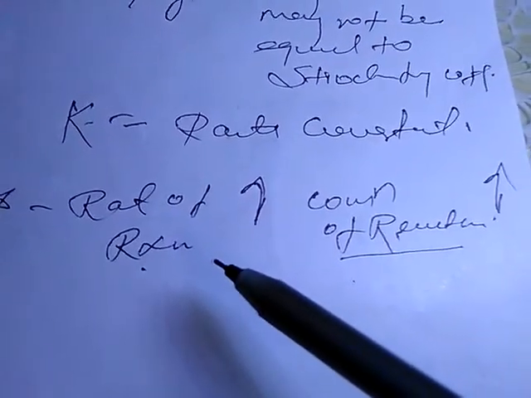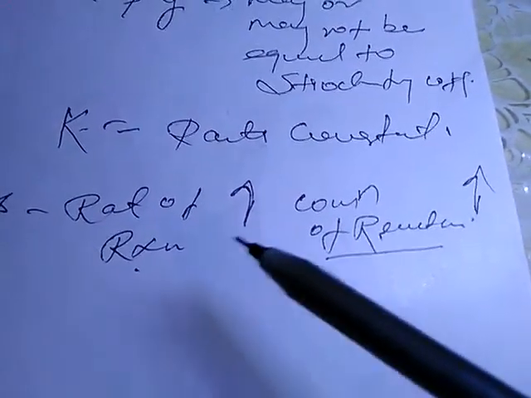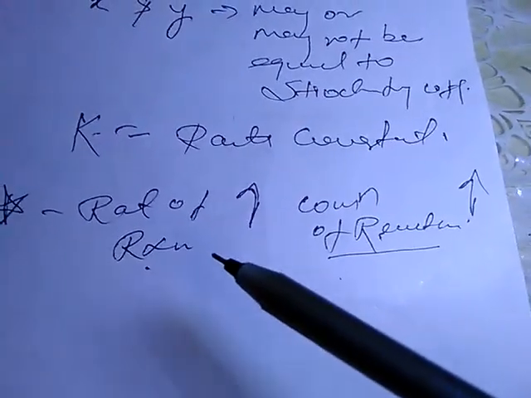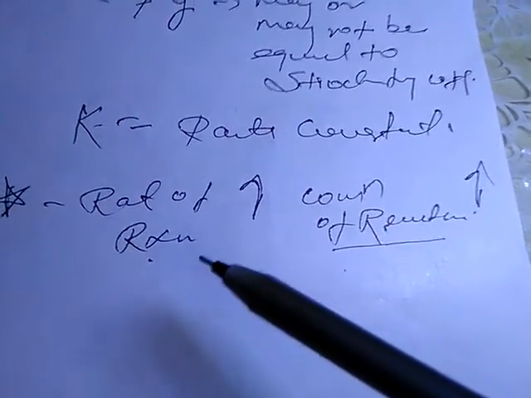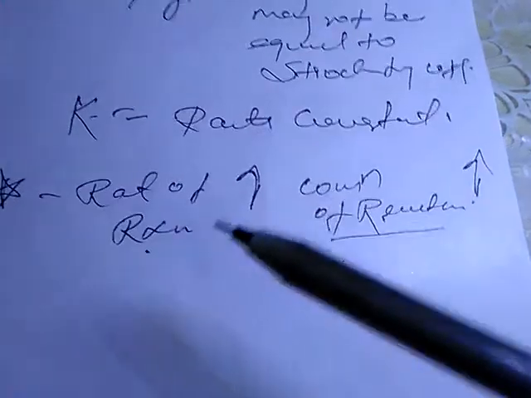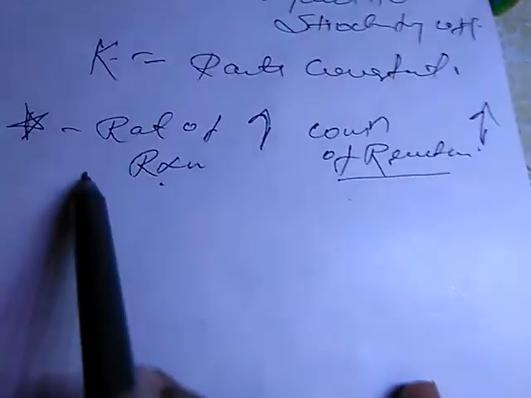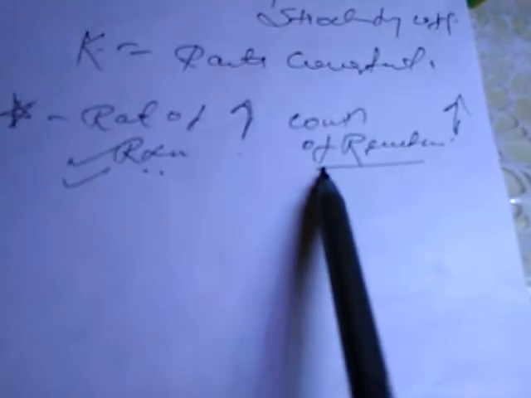As any reaction goes on, with passage of time, the concentration of the reactant continuously decreases, and hence the rate of the reaction also decreases. So we have to keep in mind this final conclusion that the rate of reaction would increase if the concentration of reactant increases, and vice versa.